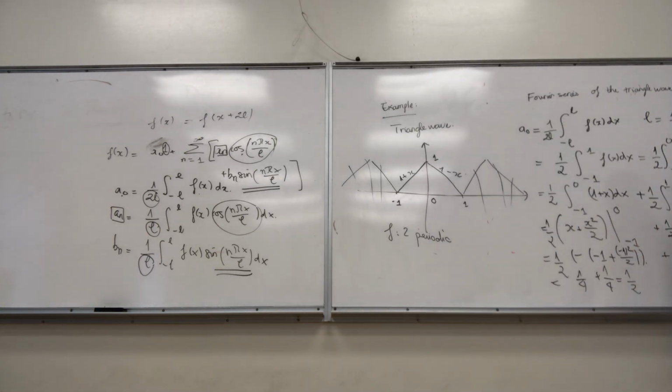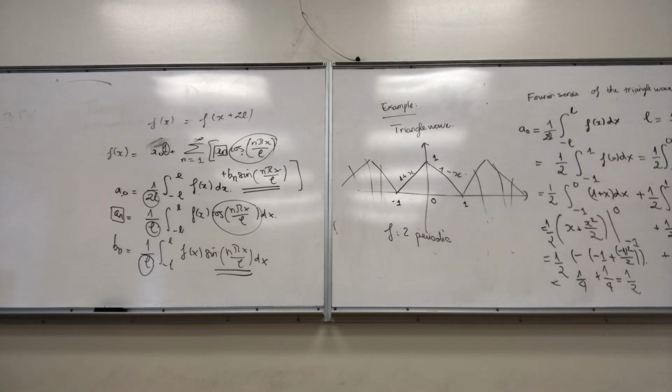I'm going to try to express this triangle wave on the Fourier basis. So A0 is computed by 1 over 2L of the integral from minus L to L of f(x) dx. In this case, L is 1. So I'm going to have to compute 1/2 of the integral from minus 1 to 1 of f(x) dx.